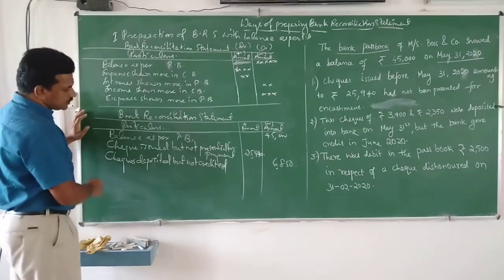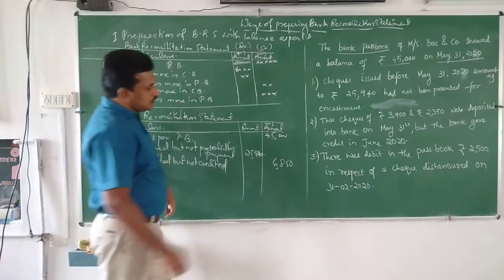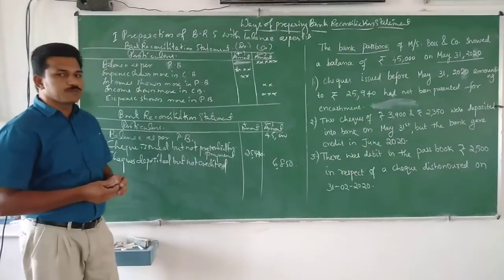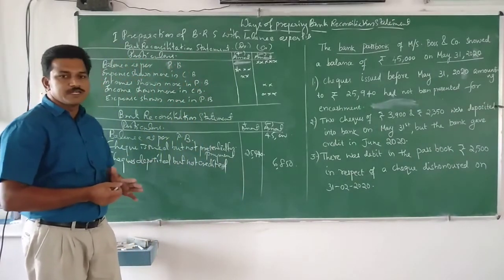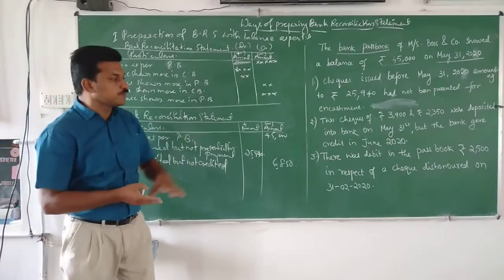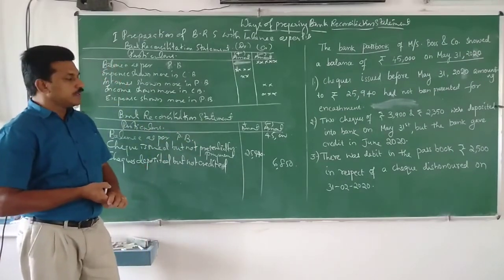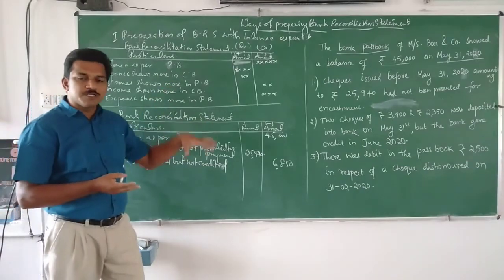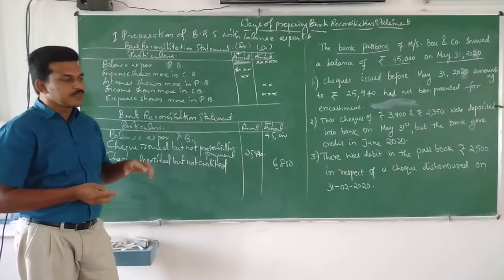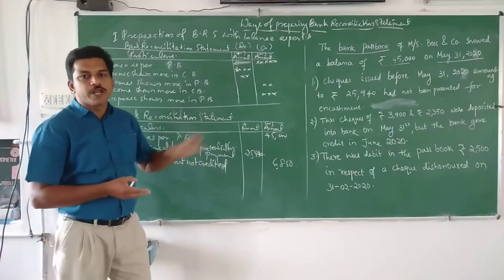The next, the third one, there was a debit in the passbook of 2500 in respect of check dishonoring. That means passbook debit means bank charges, expense for dishonored check.